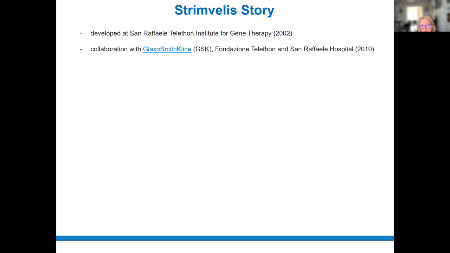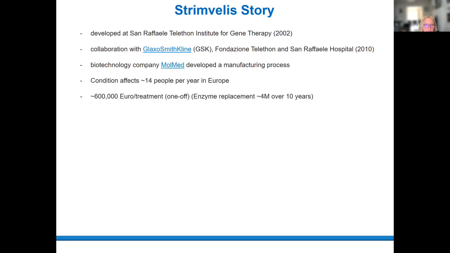Then GlaxoSmithKline, which is a big pharma company, became interested and started to collaborate with the San Raffaele Telethon Institute and the San Raffaele Hospital in 2010. And this was a very successful collaboration. They also brought in a company called MolMed to sort out the manufacturing processes. So this was a really, really good collaboration of fantastic groups to move this forward.